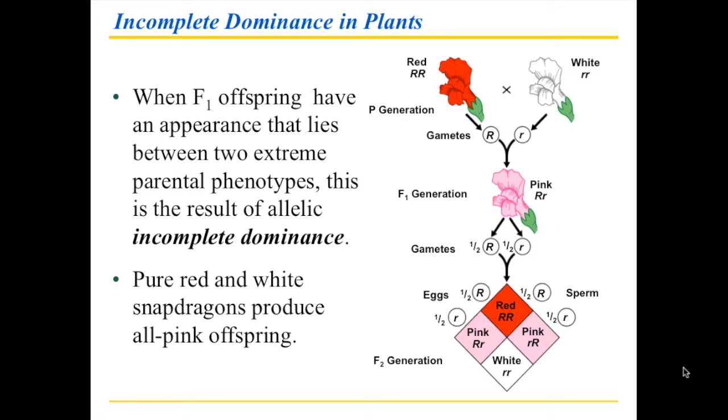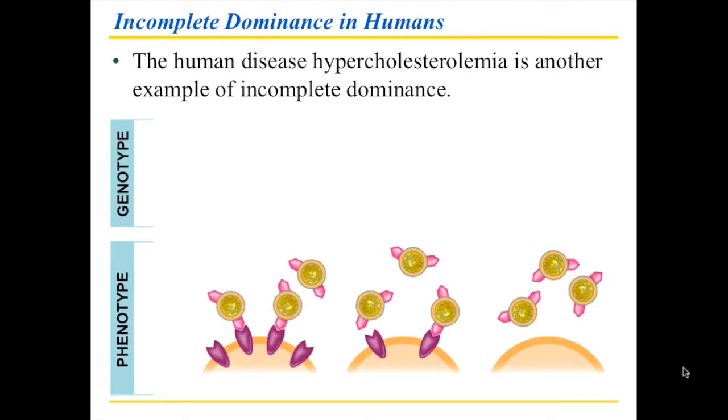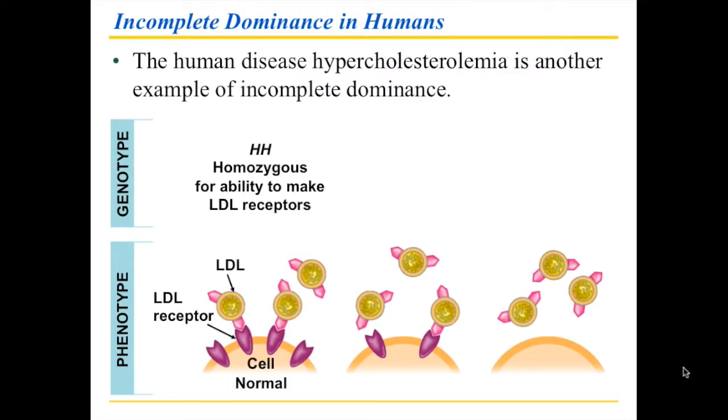There are also other conditions, this is perhaps more relevant to us, where this kind of incomplete dominance happens with some of our traits. There is a disease called hypercholesterolemia, and hypercholesterolemia means that your cholesterol is not properly mopped up by your cells. Now normally your cells will have these so-called LDL receptors.